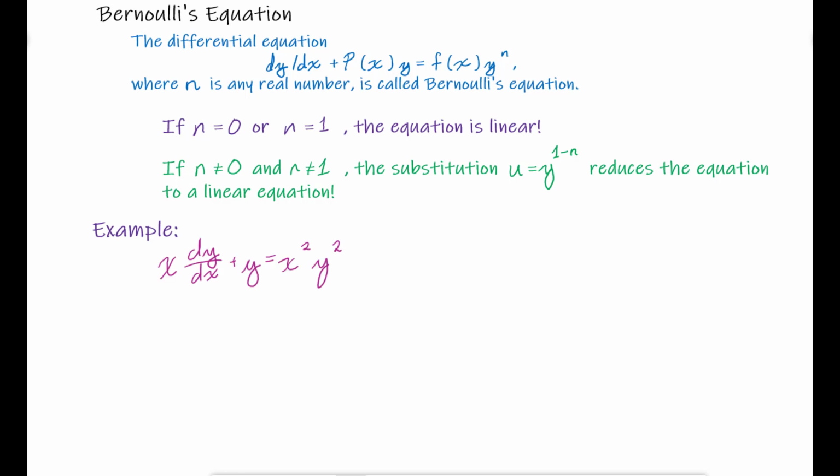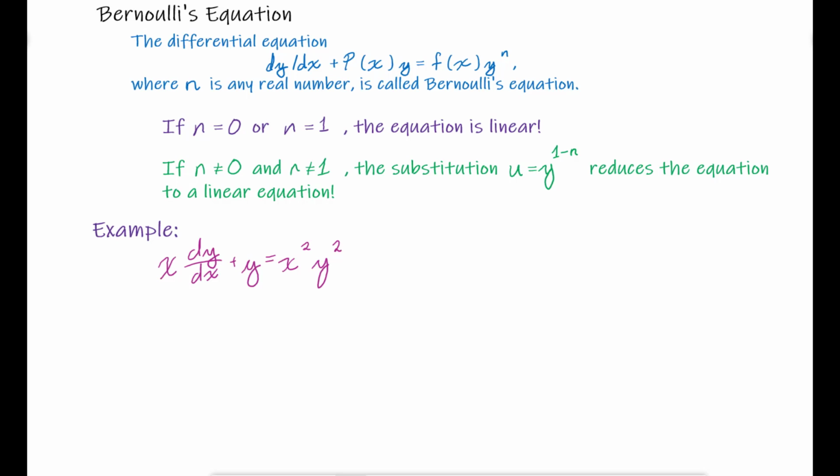So let's consider the differential equation x times dy/dx plus y equals x squared y squared. Now, the first thing we need to do is rewrite it in the form given: dy/dx plus p of x times y equals some function of x times y to the nth power.